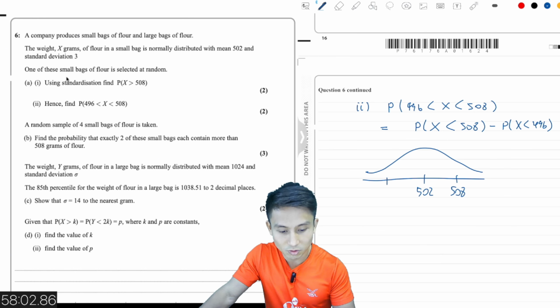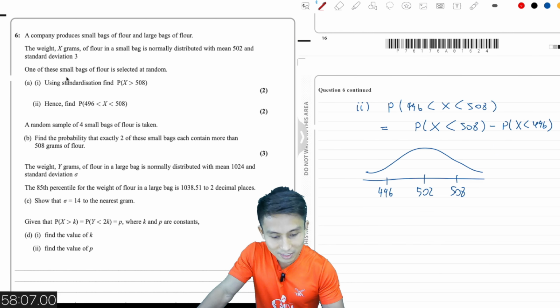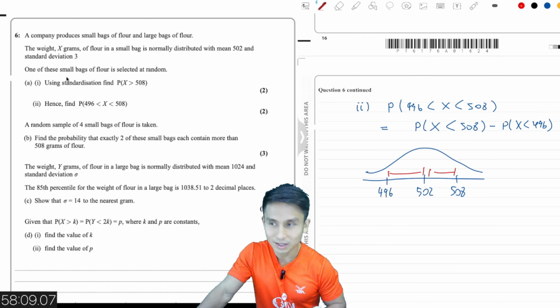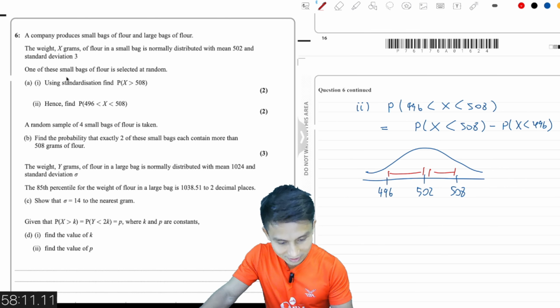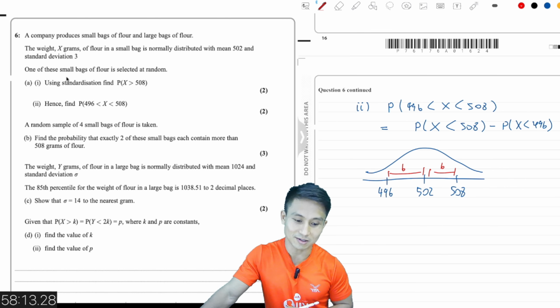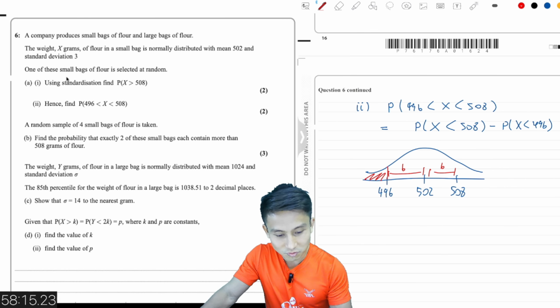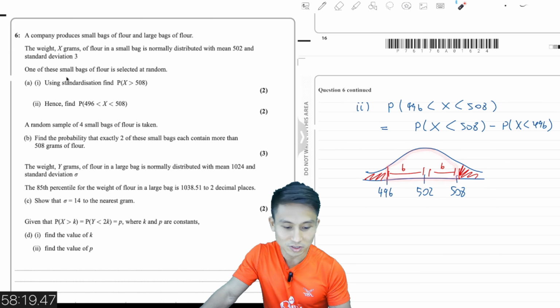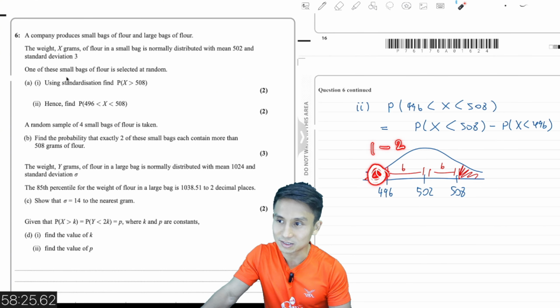The other one is 496. Well, isn't that just the same distance as the other one? So this is distance of 6, this is also 6, right? That means these two probabilities are the same. That means in the middle, symmetrical. You can just find one of them like this and multiply by 2. Or you can do 1 minus 2 times each one of these.